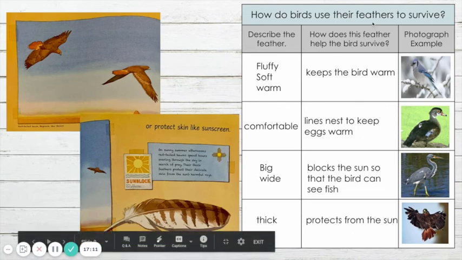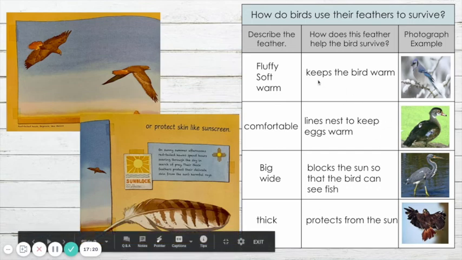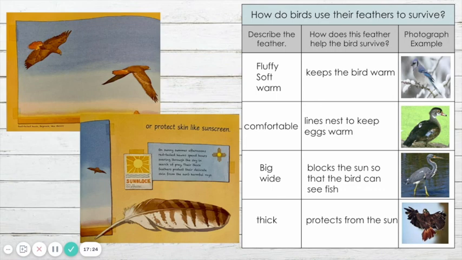Here are 4 different jobs that feathers do to help birds survive. Now, here's a question for you. Are these the only jobs that feathers can do? No way! Feathers have so many jobs that help the birds survive. These are just a few examples.